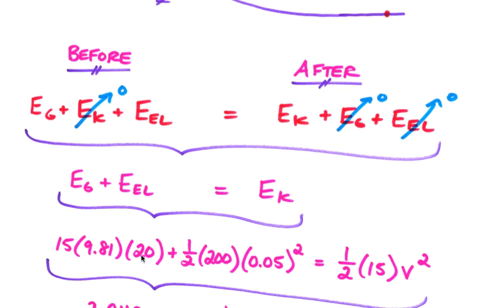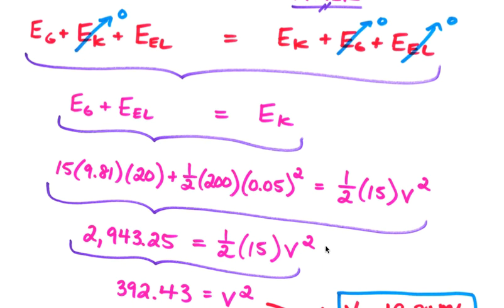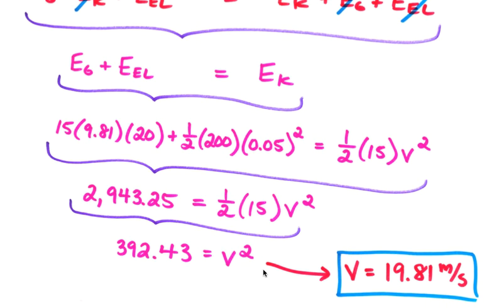You can see here that two of these energies are known, one is not known, but I can solve for it in terms of velocity. And if I solve this out, you'll find that about 2,943.25 joules must equal 1/2 times 15 v squared. And if you solve all that out, you should find that your velocity at the bottom is about 19.81 meters per second.